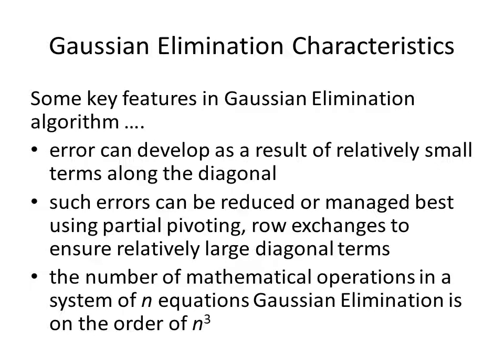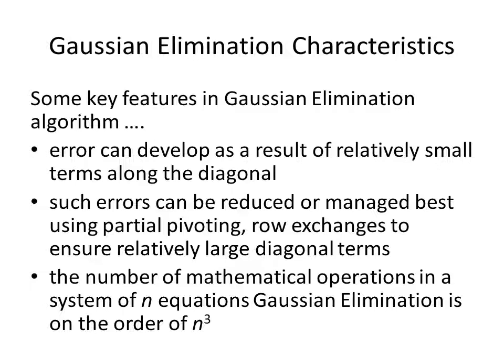So one of the things that we do in order to avoid this is use pivoting or partial pivoting techniques to move the various rows of the matrix around in order to make sure we have as large a number on the diagonal as possible whenever needing each row. So we manipulate the ordering of the rows in order to avoid small numbers on the diagonal. So that's the second bullet point there, is how we deal with it is with partial pivoting.